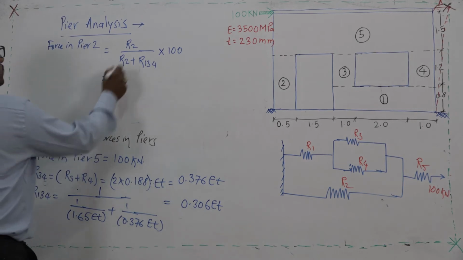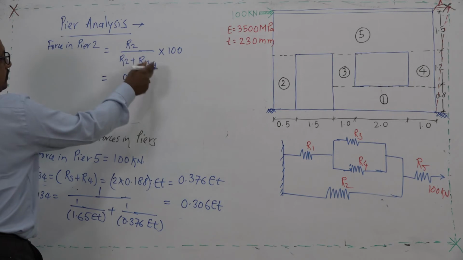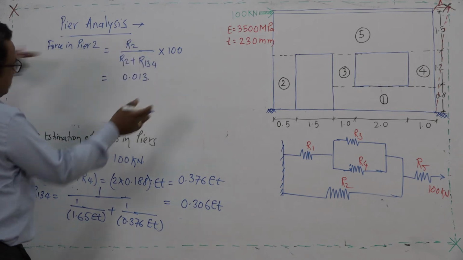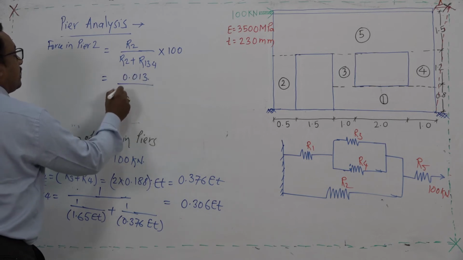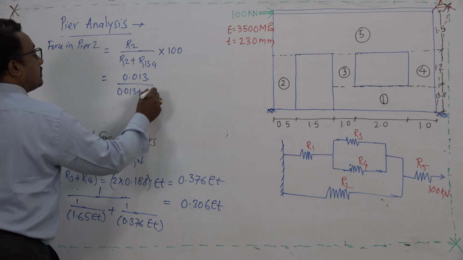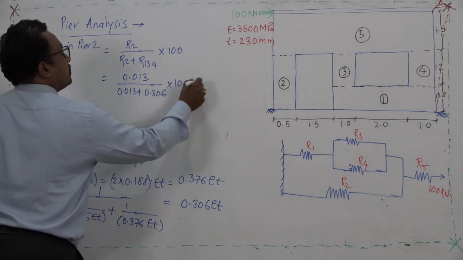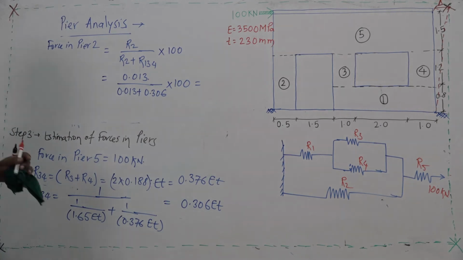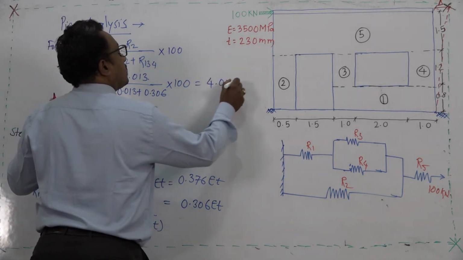If you substitute this, it comes to 0.013. ET is going to cancel out. So, 0.013 divided by 0.013 plus 0.306, multiplied by 100, comes to 4.07 kilonewton.